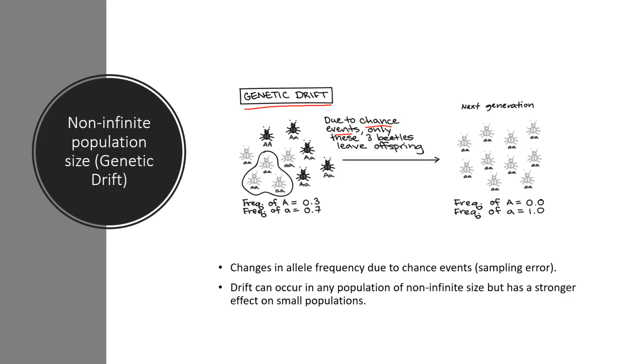For example, when the Native Americans were here, buffalo were all over the place. However, when the white man came and brought his gun, we shot them down and put them almost to extinction. We changed the population size, and when we did that, the frequencies drastically changed.